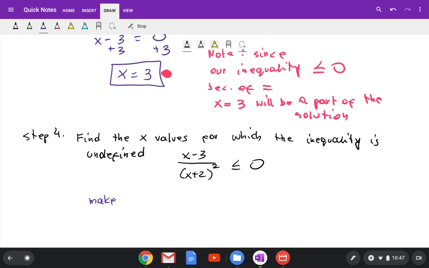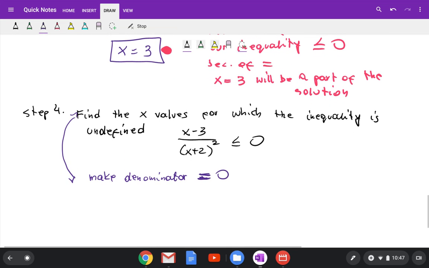To find them, again, make the denominator equal to 0. We know that we can never ever divide by 0. So to find the values for which this inequality is undefined, I'm doing something that I'm not supposed to. I'm making my denominator equal 0. So in our case, the denominator is (x plus 2) to a second power equals 0.